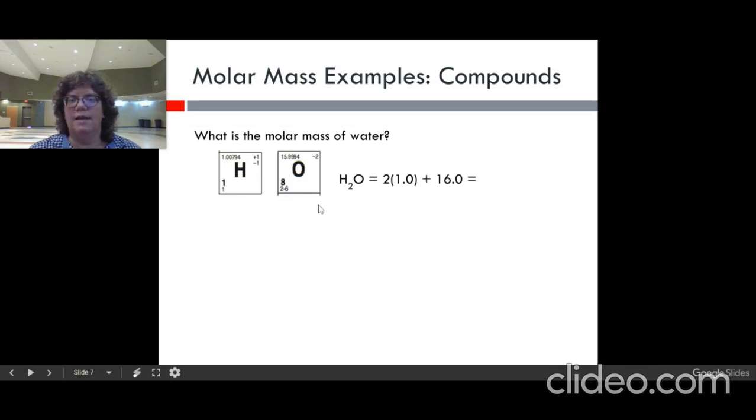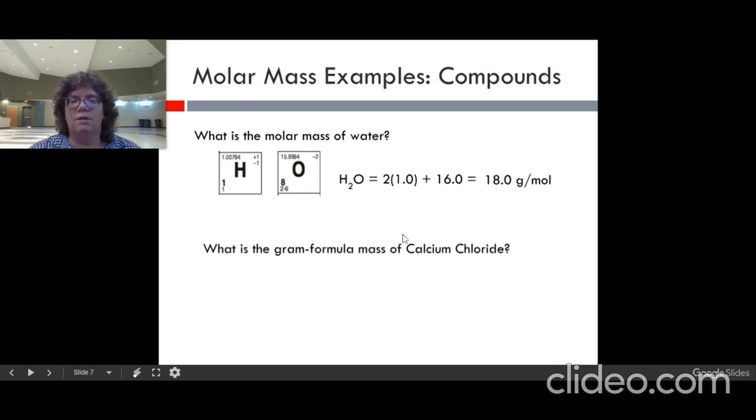And then we add to that the molar mass of oxygen, which rounds to 16, because it's 15.9994. So that rounds to 16.0. There's only 1 oxygen in water, so we only add it in once. When we add those up, we get 18 grams per mole. So the molar mass of water is 18 grams per mole.